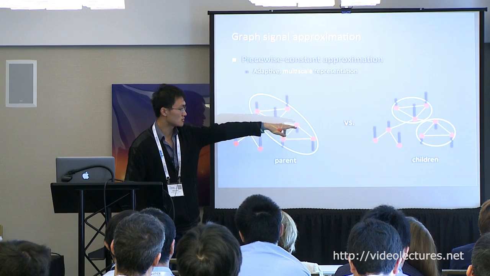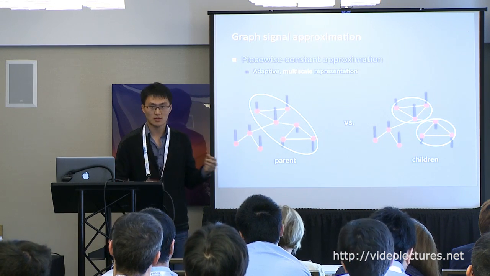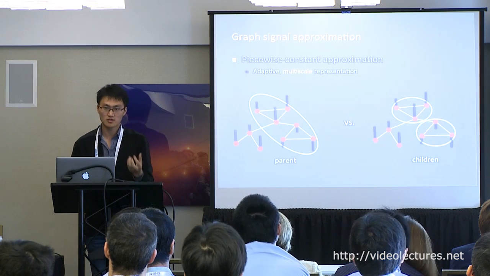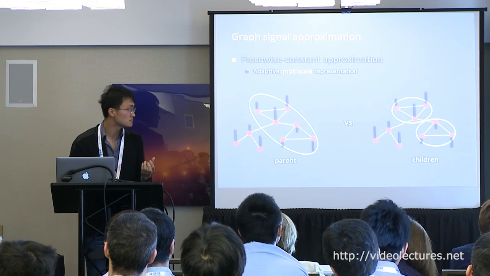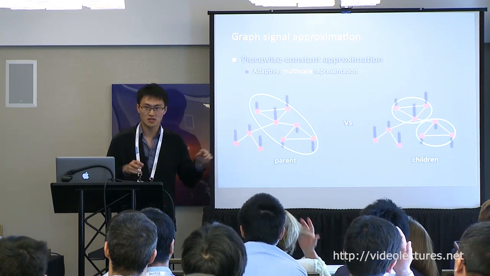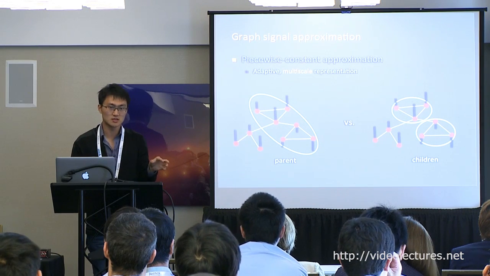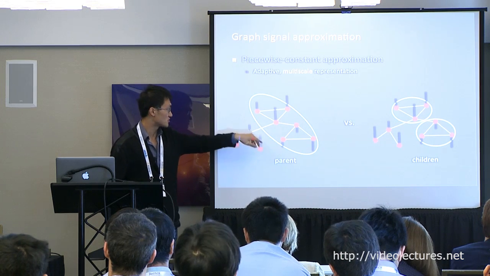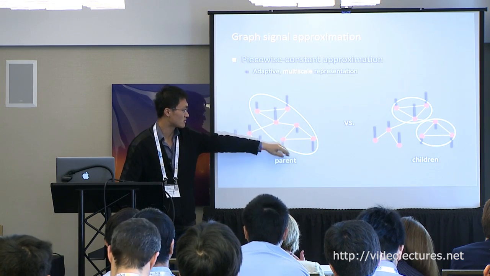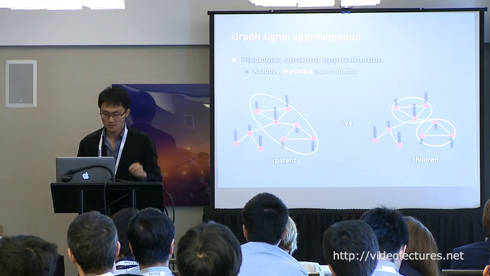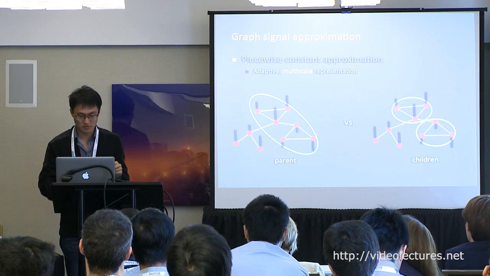On the other hand, the two children pieces capture more variation. So we do this trade-off. If the signal here is very smooth, then we don't need to split. But if there are lots of variations, for example, a positive value here and a negative value there, then we want to split and use more pieces to represent the signal.